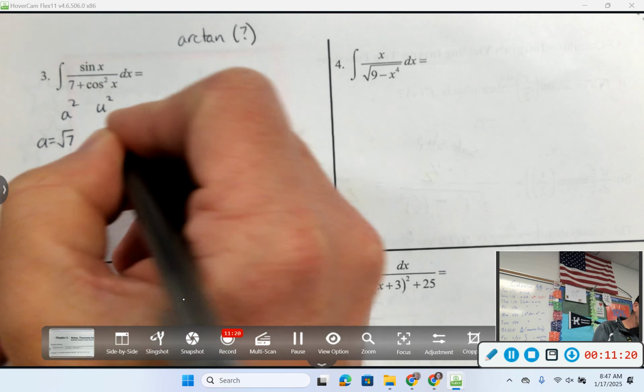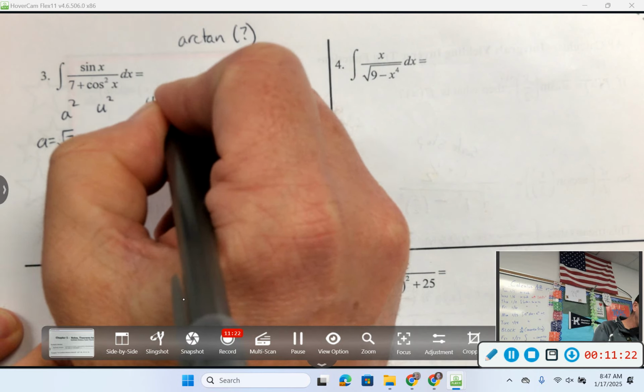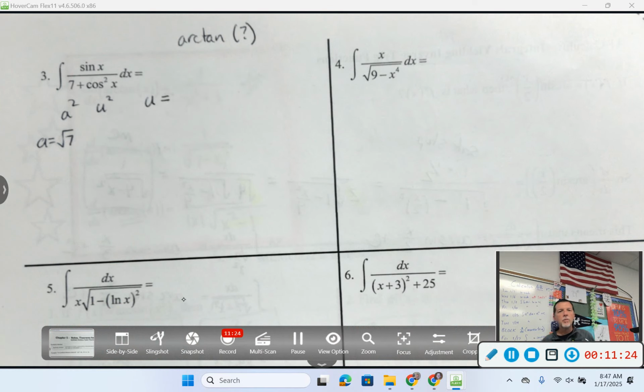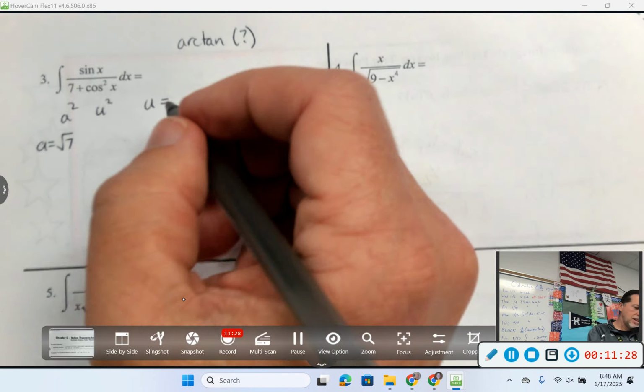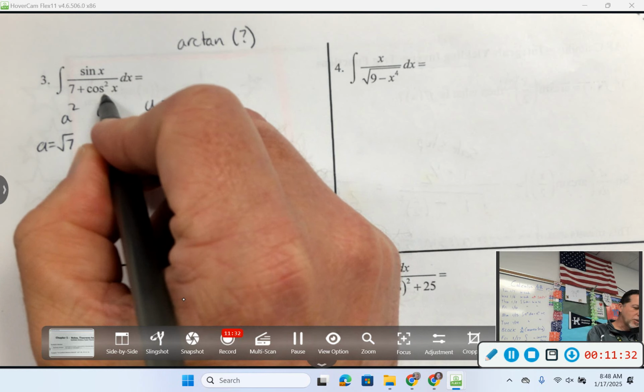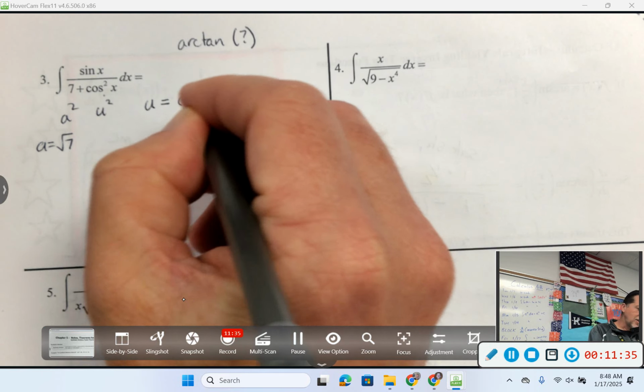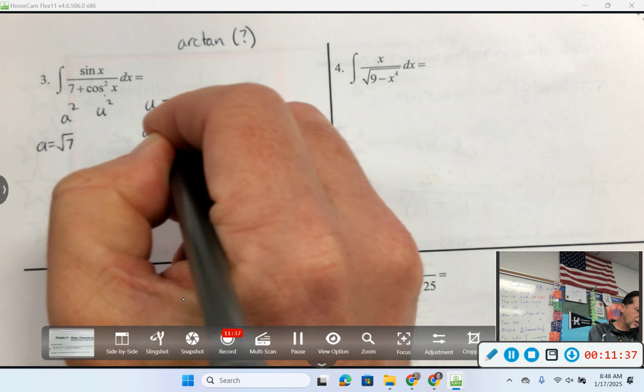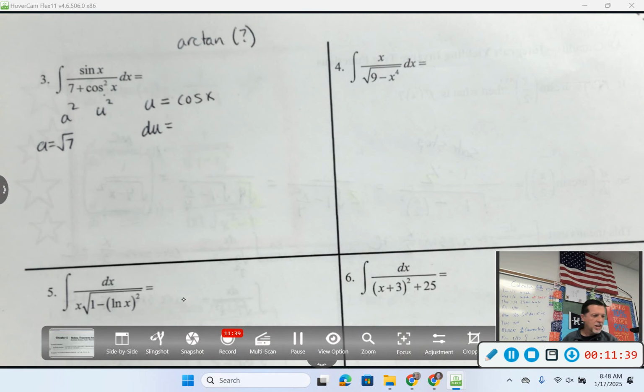So a is the square root of 7, that's easy enough. What would u need to be? I'm also kind of worried about that sign up there, but if u squared is cosine squared, u is cosine, and the derivative of cosine? Negative sine.